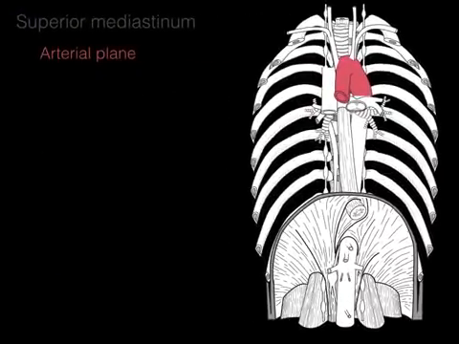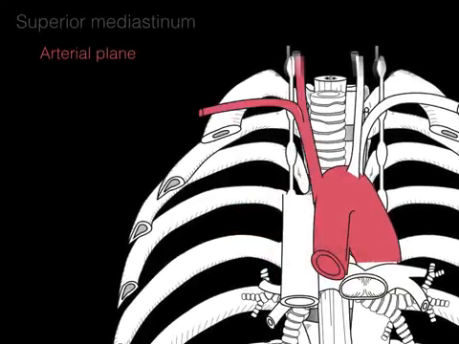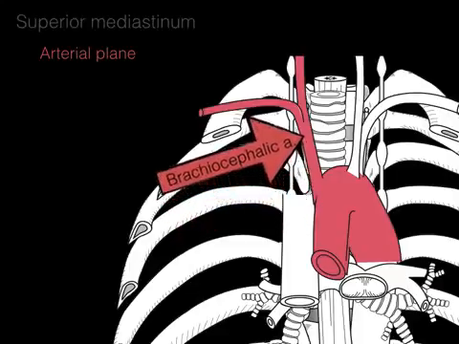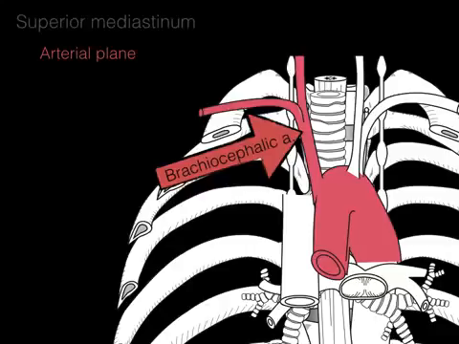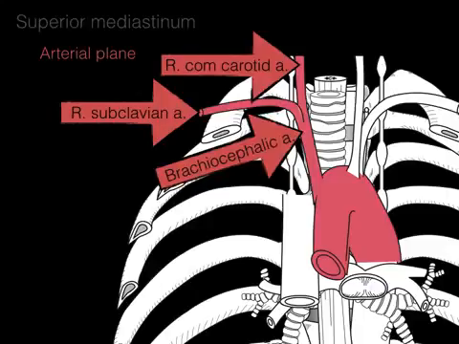Okay, so now let's take a look at the arterial plane, and there is our aortic arch. At the very top of the aortic arch, it gives rise to three primary branches: the brachiocephalic artery or trunk that gives rise to a branch that goes to the arm, the right subclavian artery, and cephaly, the head, the right common carotid artery.